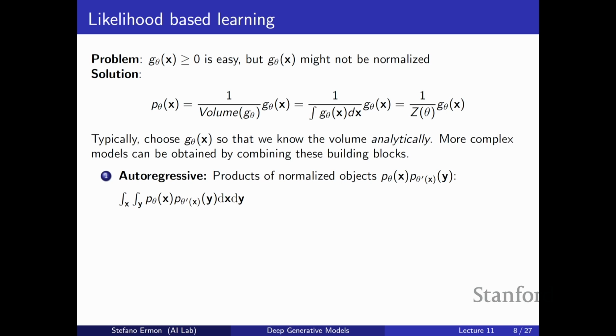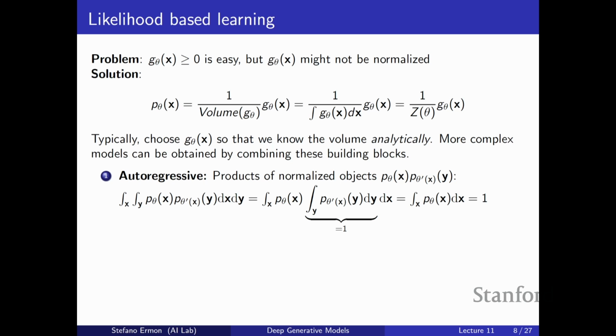It's basically what we do in an autoregressive model, right? You define the joint as a product of conditionals, and if you look at the integral over all possible inputs of the joint, you get something that is by design normalized. The reason is that by construction, the distribution over y is normalized for any choice of the parameters, and the choice of the parameters can depend on the value that x can take.